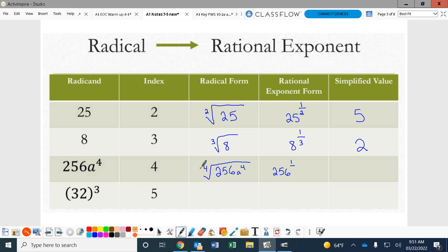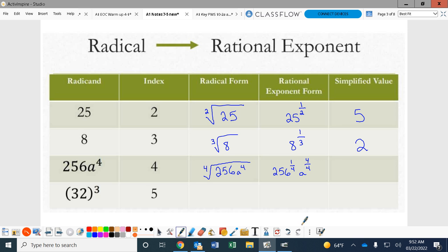The index, or the number on the outside, is going to be 4, so it would be 256 to the 1/4. The a, on the other hand, is going to have what number on top for its power? 4. And the number on the bottom for the index is still going to be 4.